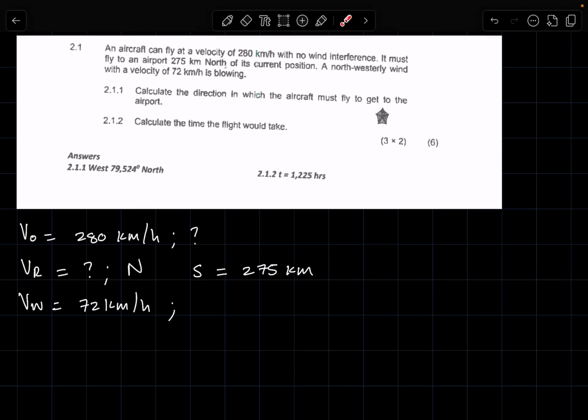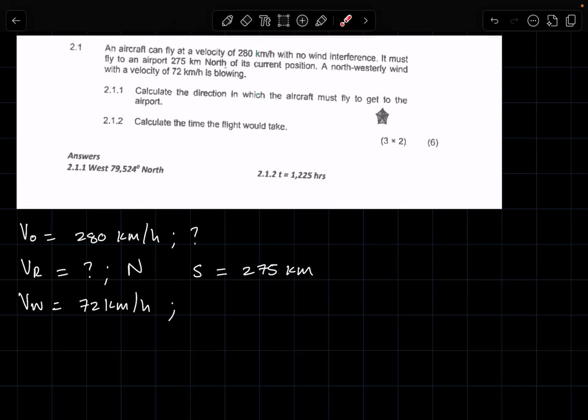And as you should know by now, if the wind direction is ambiguous, then you perceive it as coming from the given direction. They neither stated if this wind vector is coming from this direction or going in this direction. If that is the case, you perceive the wind direction as coming from the given direction.